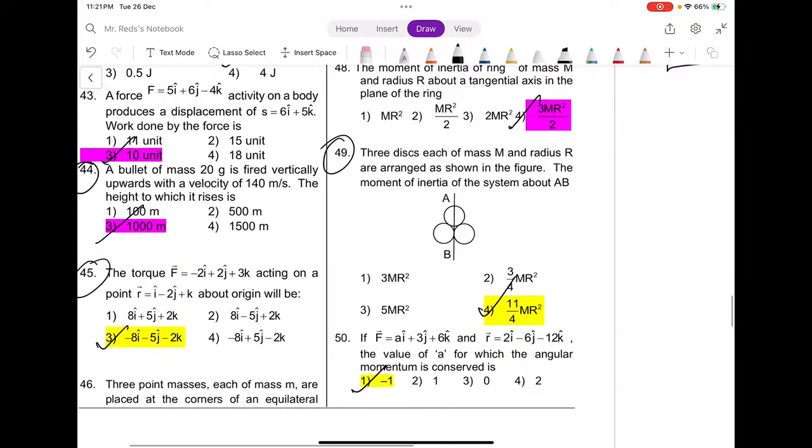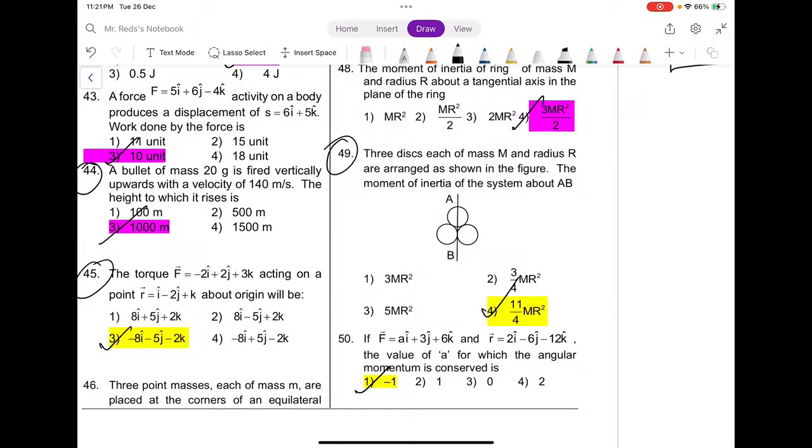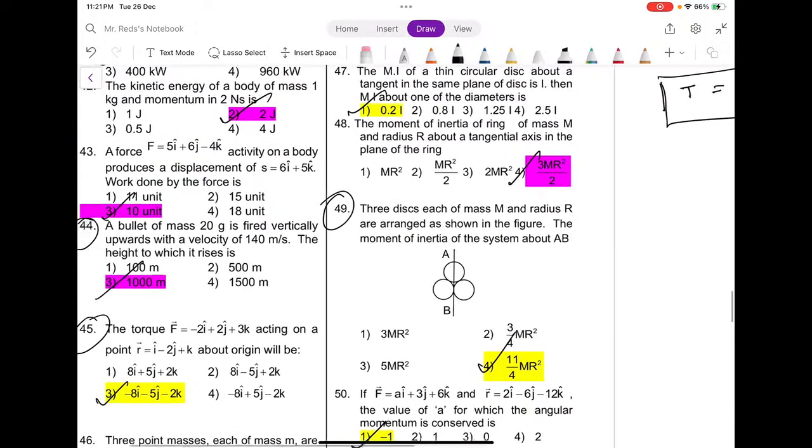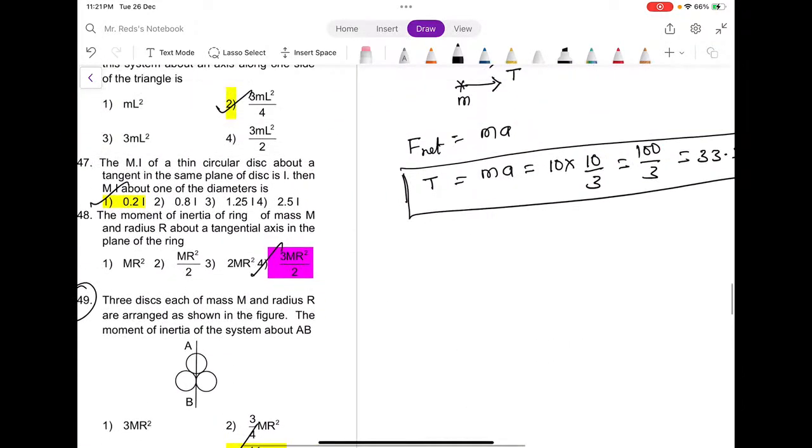Here the height to which it rises is the maximum height. After rising to that height, it has to stop. That is what you have to understand and keep in mind. Then to find this, you have to apply equations of motion. According to this, question number 44, if you want to see, question number 44.